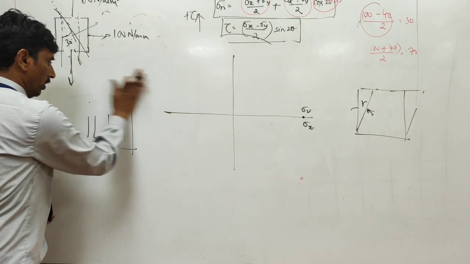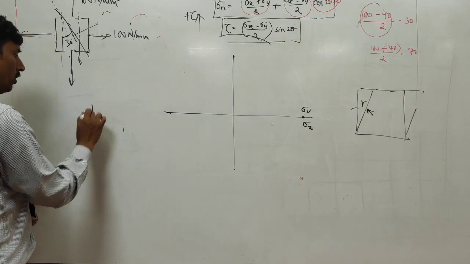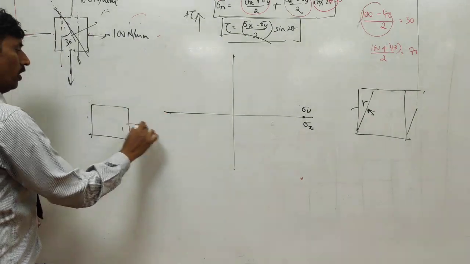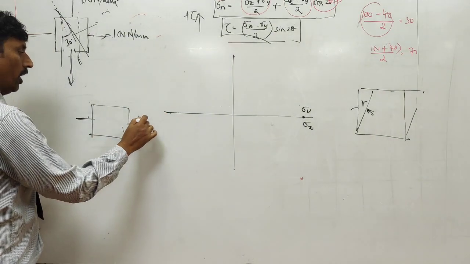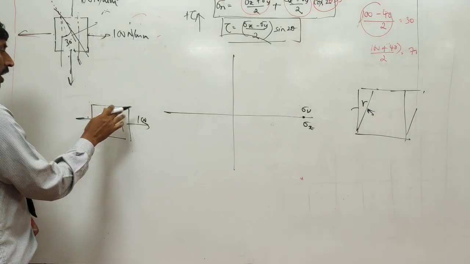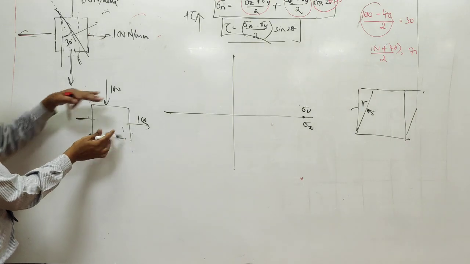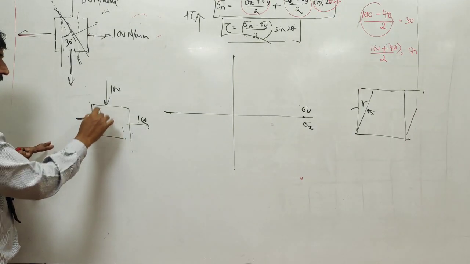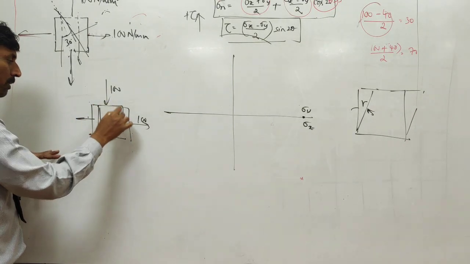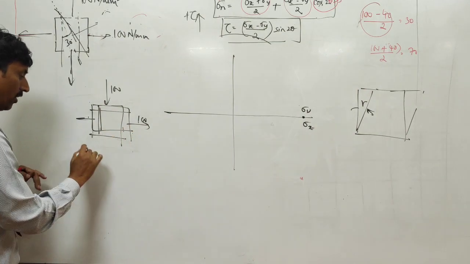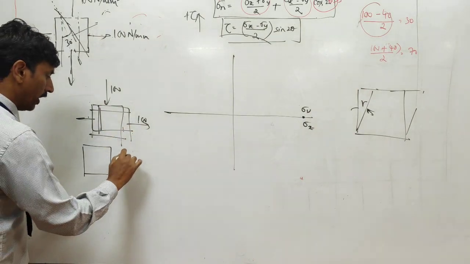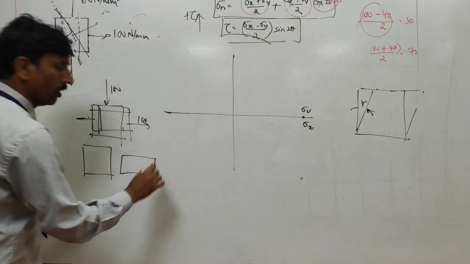Suppose this body is applied with 100 Newton and then applied with 100 Newton like this, then what will happen? The body, which was a square earlier, will become a rectangle.